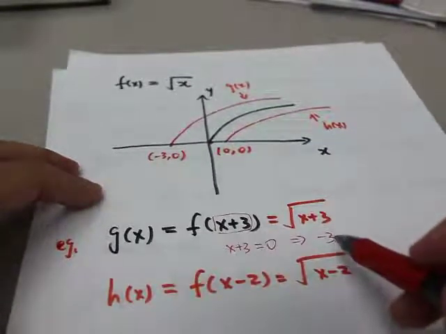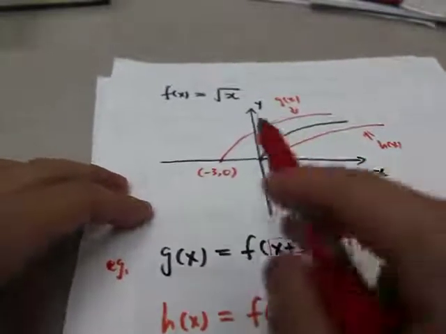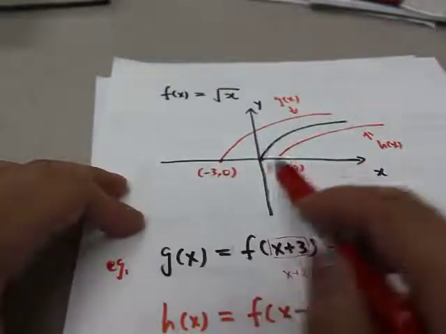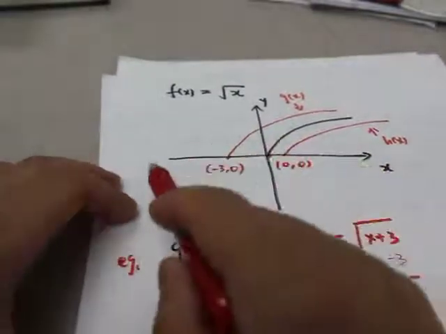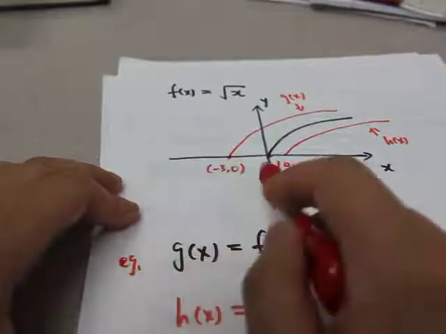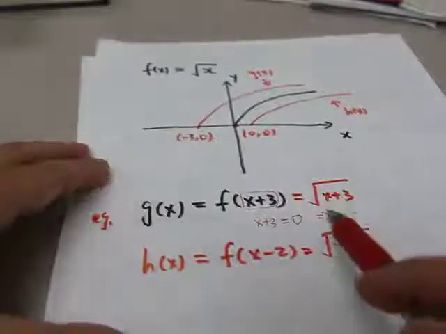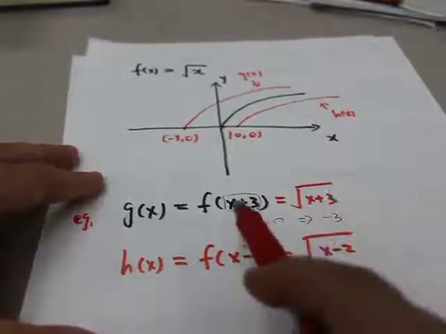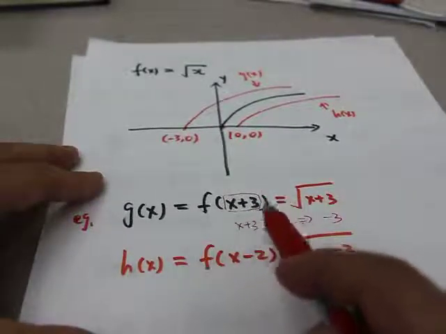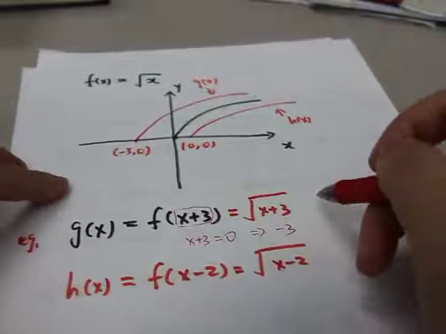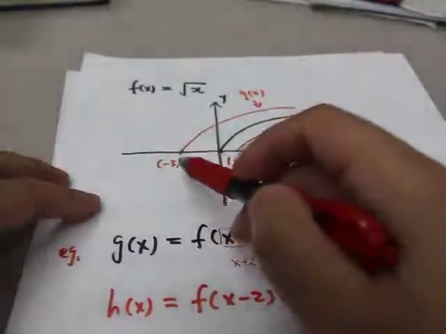Since negative 3 is a negative number, which direction is the negative direction? The left is the negative direction, right? Because all the negative numbers are on the left side. So therefore, when you have x plus 3, you should shift the graph to the left for 3 units.